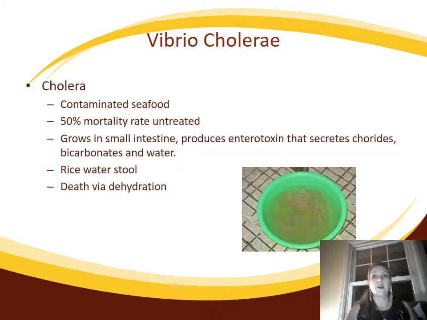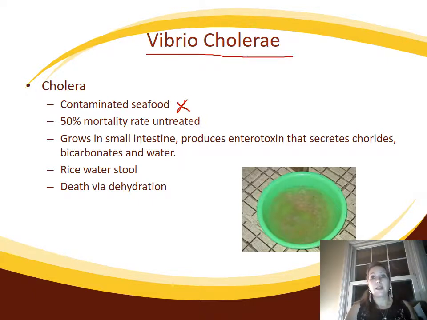Cholera, Vibrio cholerae, is most often found in contaminated seafood. Okay, so areas with a good portion of their diet based on sea-type animals will see higher instances of cholera.